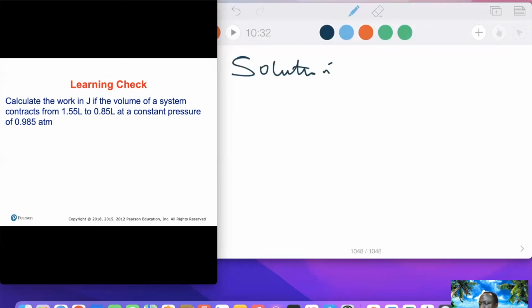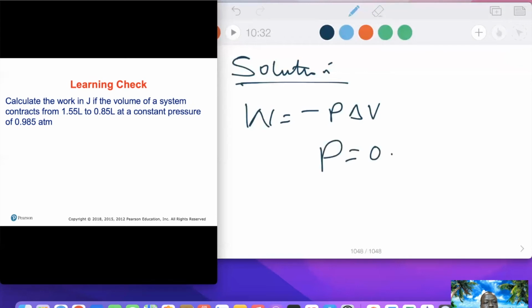So I have what? Work is given by negative P times change in V. Let's break it down. Pressure is 0.985.